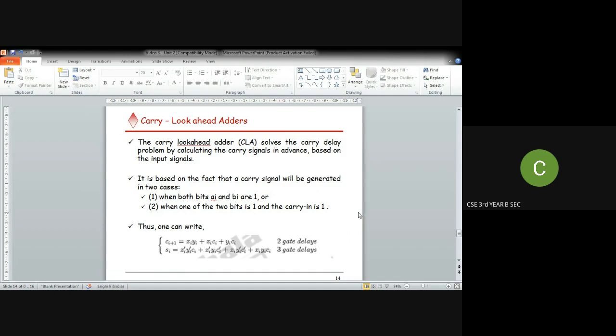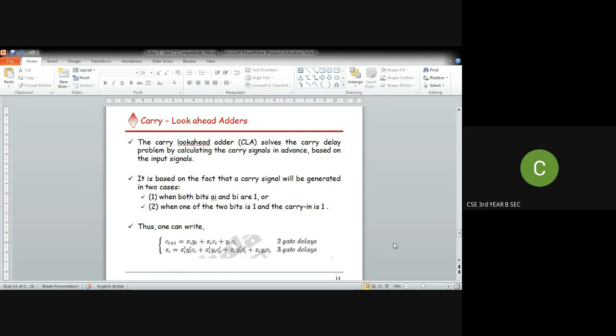So the carry for the current bit is calculated using the carry signals and the input signals. It is based on the fact that a carry signal will be generated in two cases: when both bits Ai and Bi are 1, or when one of the two bits is 1, then the carry in is 1. So we guess the carry signal by considering these two cases.